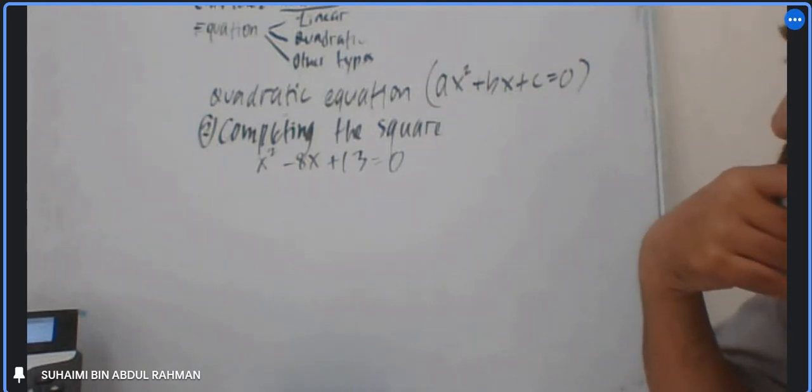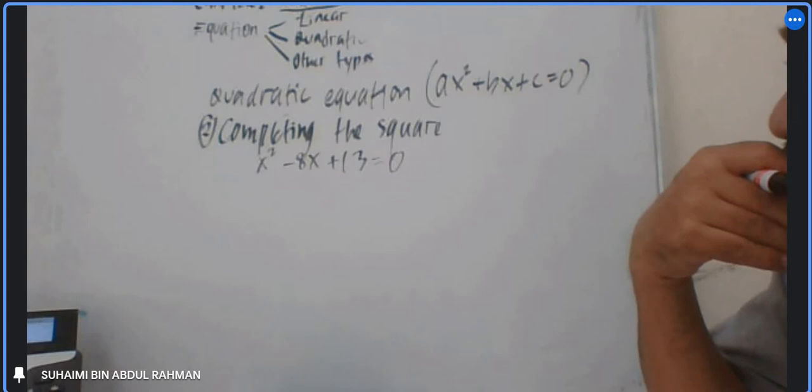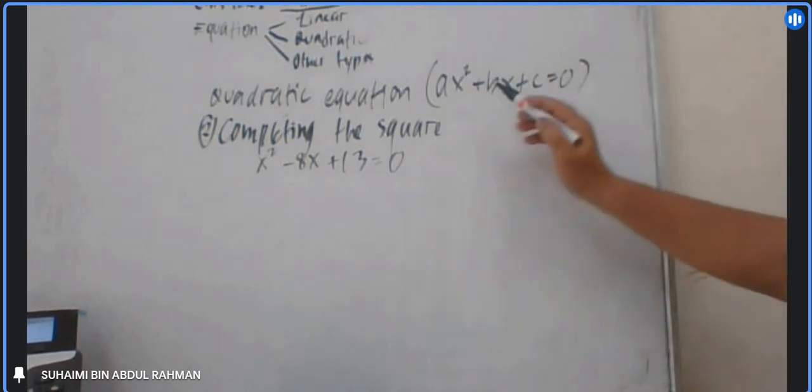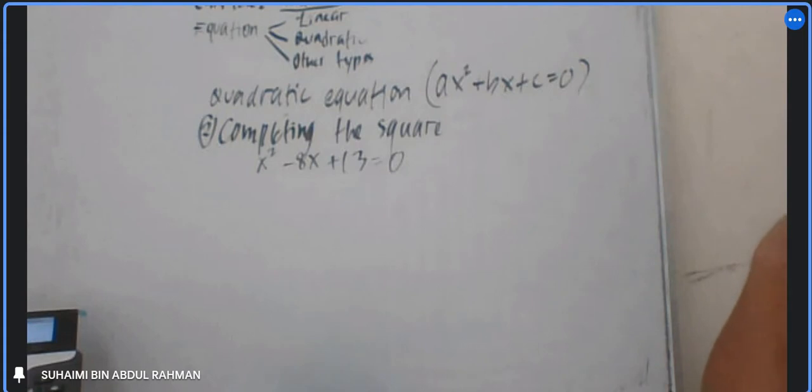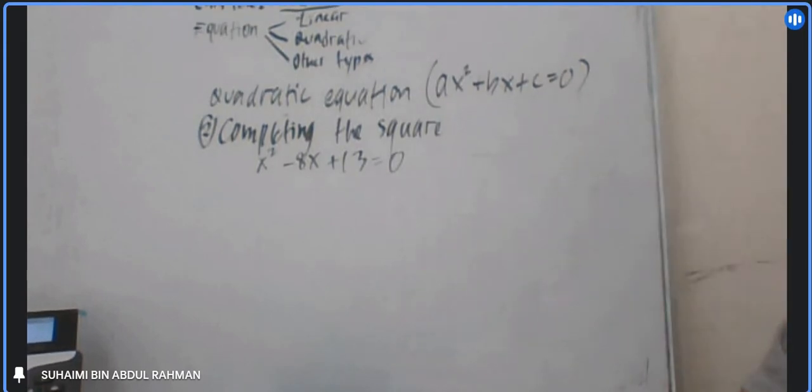X squared minus 8x plus 13 equal to 0. This is a quadratic equation because it's written in this form. Now we want to solve it using the completing the square method, method number 2.